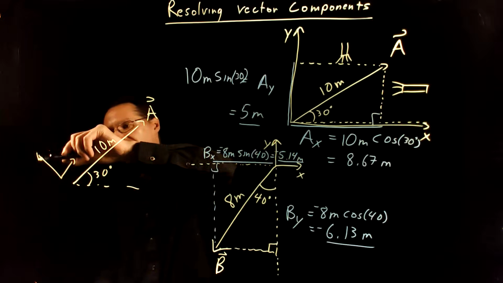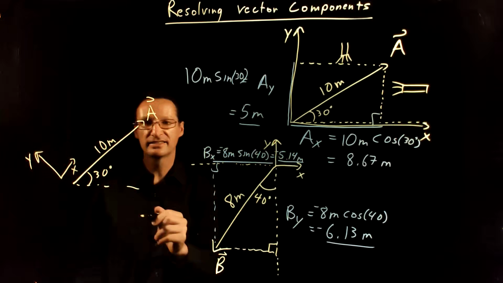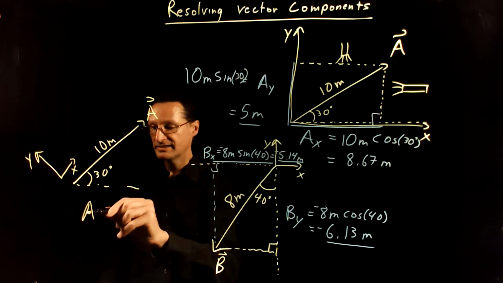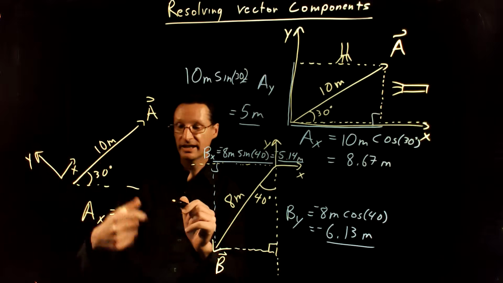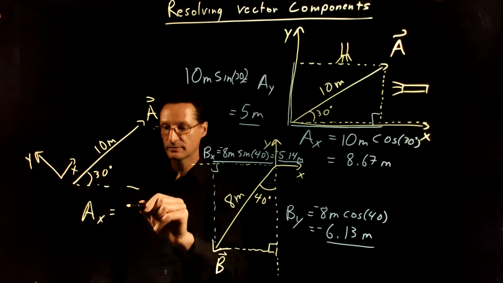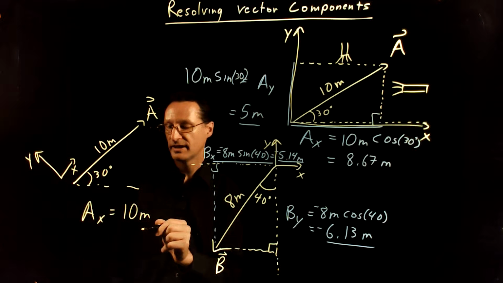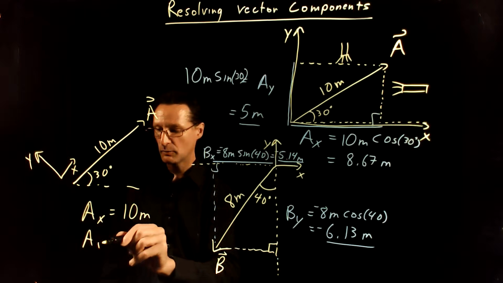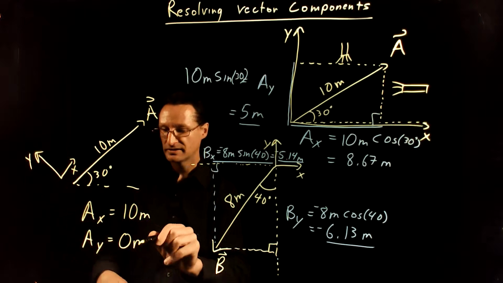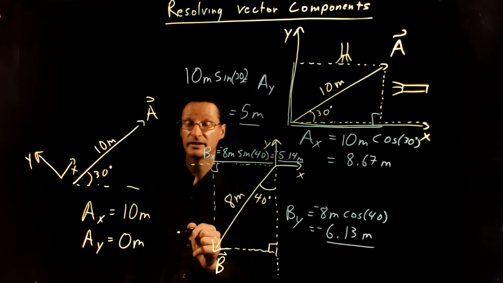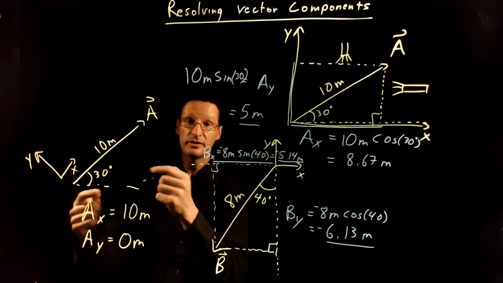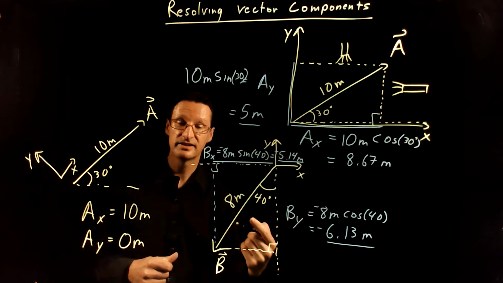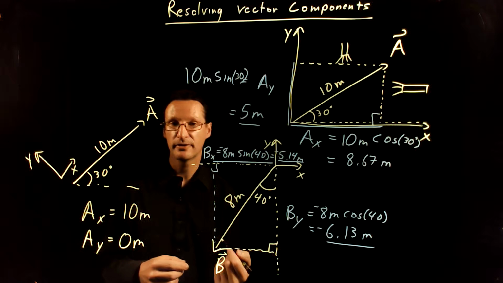It's okay if you're not told which way the x and y axis points, you can establish a slanted coordinate system so that in this case, Ax would point totally in the x direction, and so the magnitude of the component Ax would be 10 meters, and the component Ay would be 0 because the vector A is perpendicular to the y direction. So oftentimes you want to do this, and it just depends on the particular problem whether you can do this. Sometimes you're told to use a standard xy coordinate system, and so you just follow this procedure.